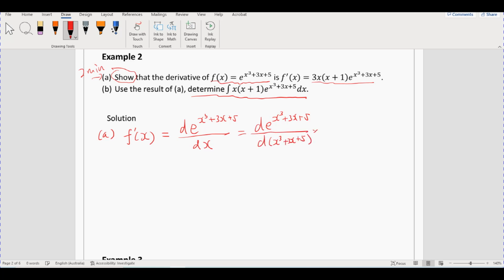I hope you all know how to do the chain rule. The first part is the same as an exponential function. The second part, you need to differentiate the power of it. So just like this.